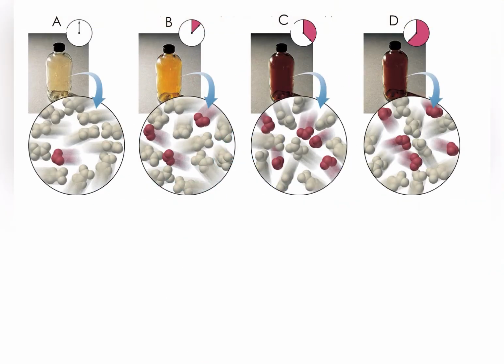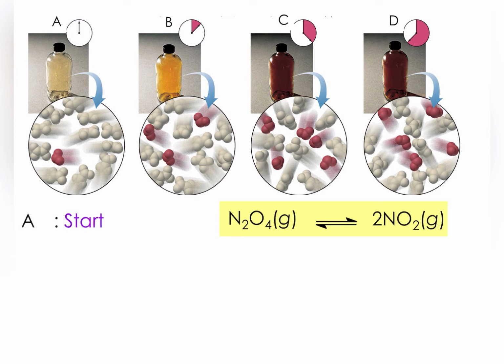Dan contoh yang saya explain melalui analogi ini, awak boleh lihat berdasarkan this diagram. As you see here, this diagram shows how chemical equilibrium is achieved between N2O4 gas and 2NO2 gas. So how does this happen? At condition A, the reaction starts. At this point, the color is still colorless.